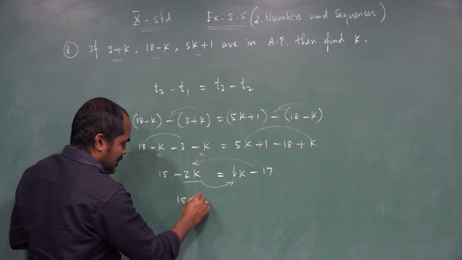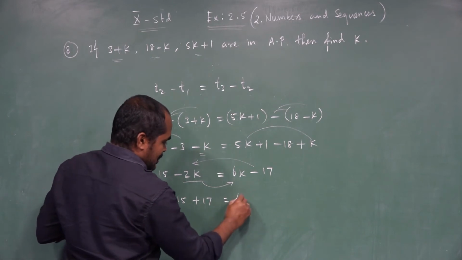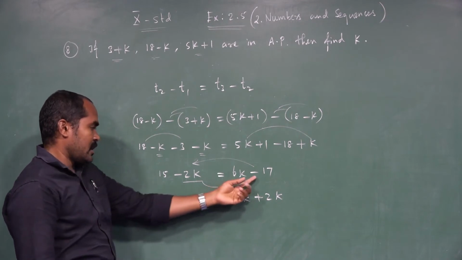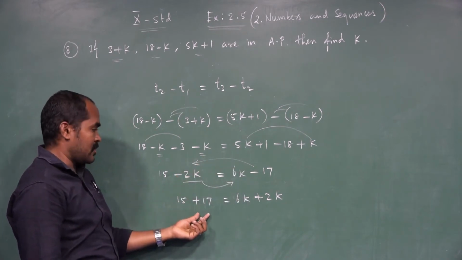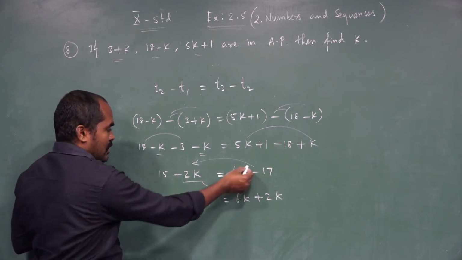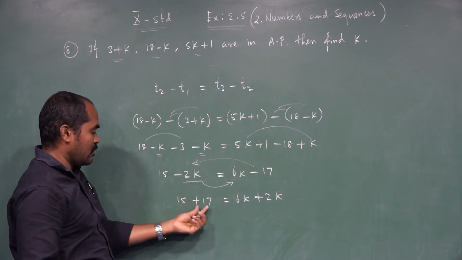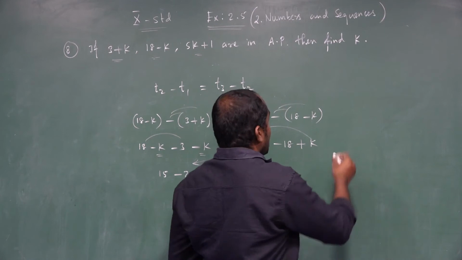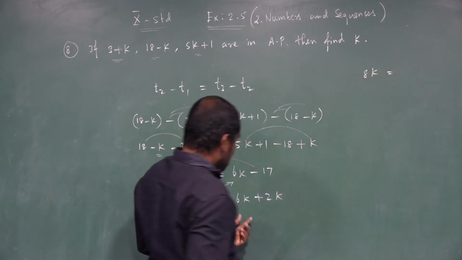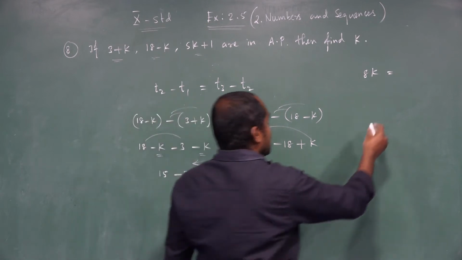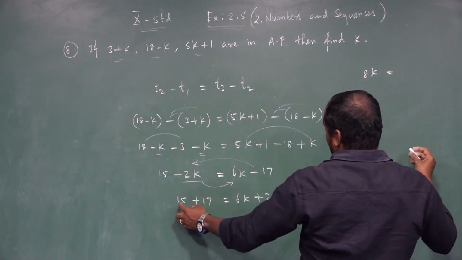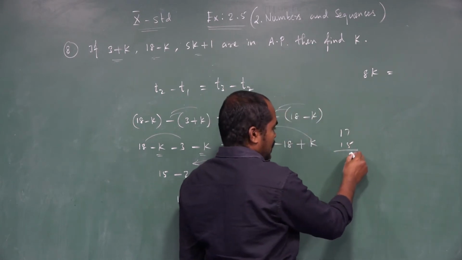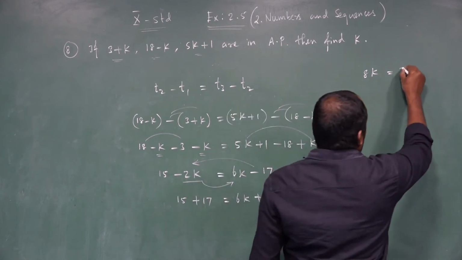So 15 plus 17 equal to 6k plus 2k. 6k plus 2k is 8k, equal to 17 plus 15. 7 plus 5 is 12, remaining 1, 3, so 32.